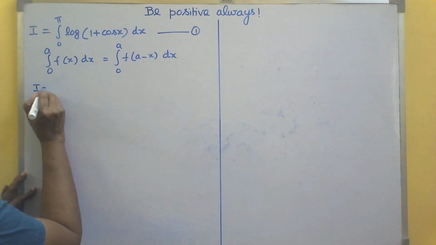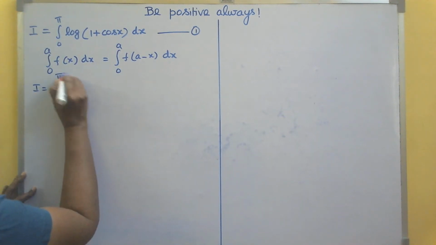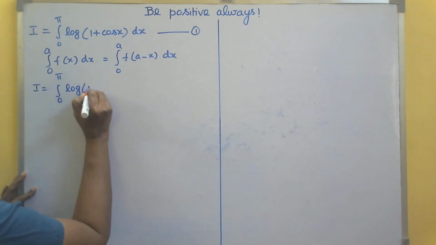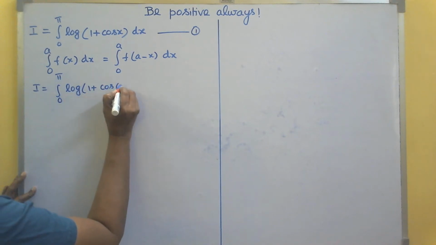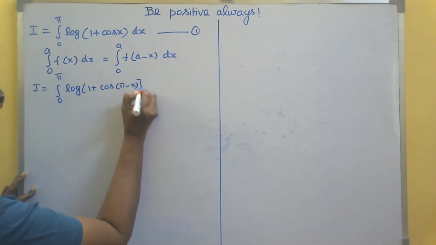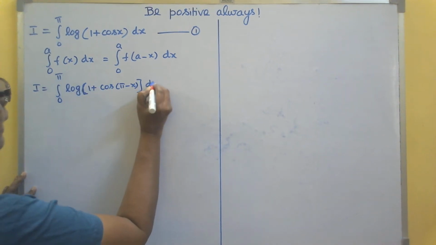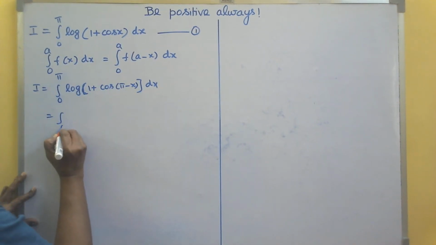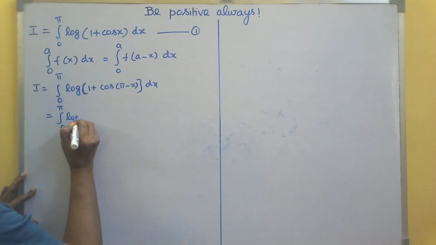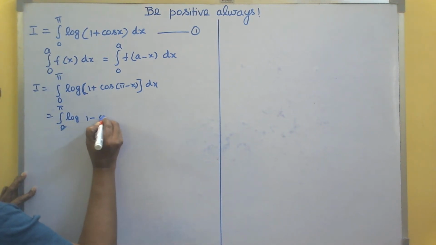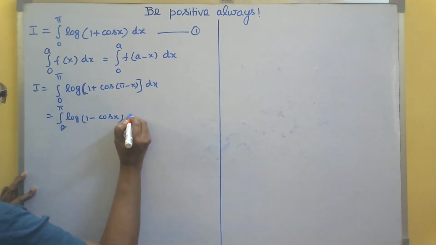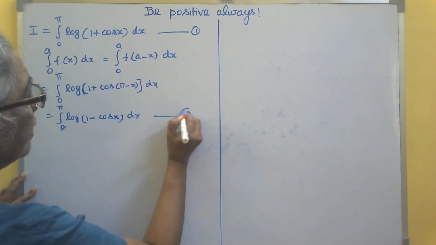My I will now become integral 0 to pi log 1 plus cos pi minus x dx. Now you know cos pi minus x is equal to minus cos x, so this becomes log 1 minus cos x dx. Let us mark this as 2.